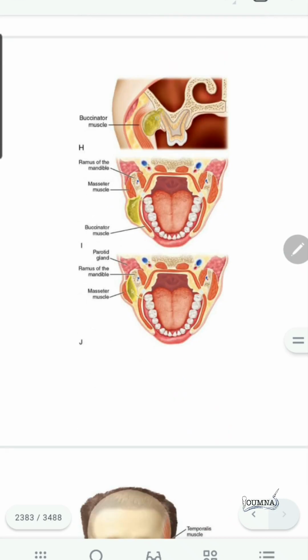For the maxillary cellulitis or infection, it happens between the cortical buccal plate and the buccinator muscle attachment, and the tooth is usually below the attachment of the buccinator.